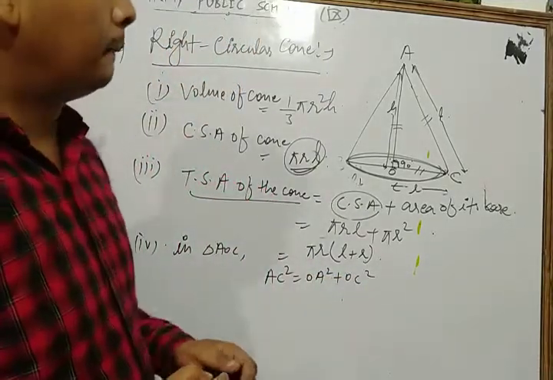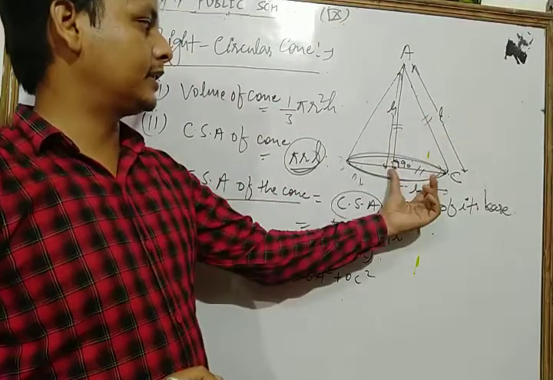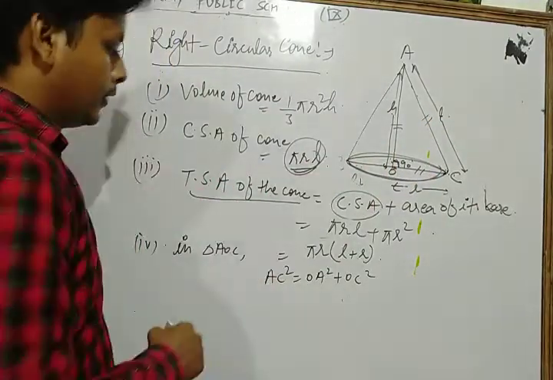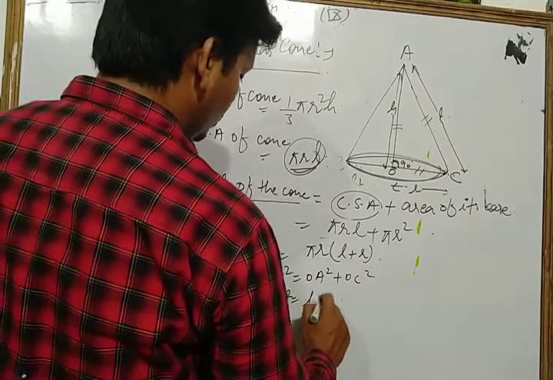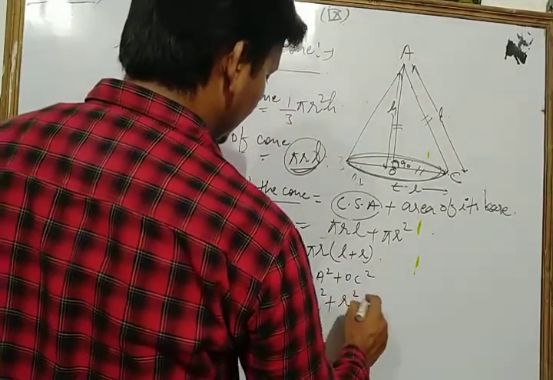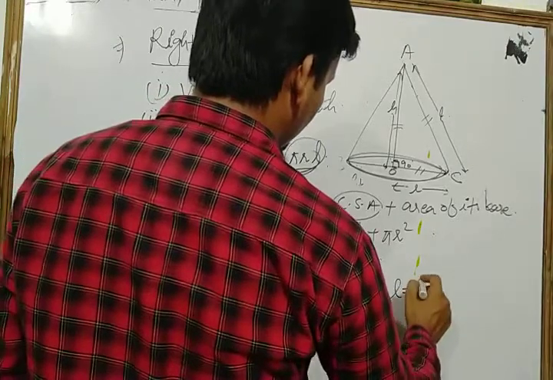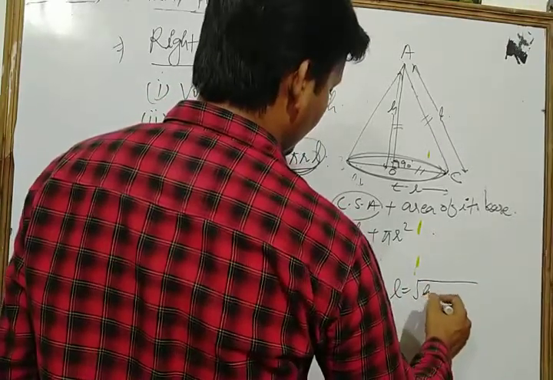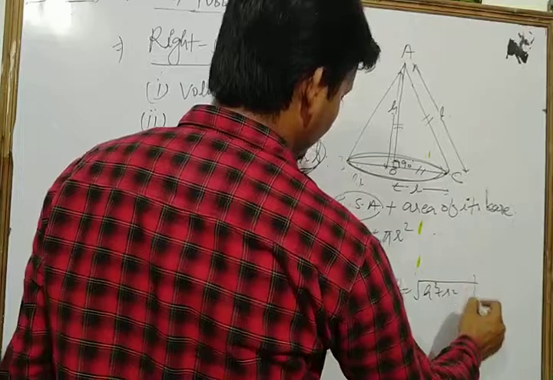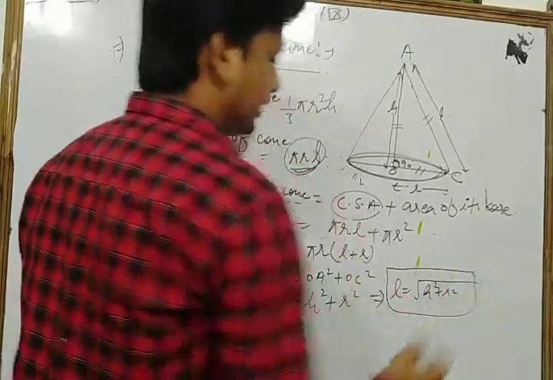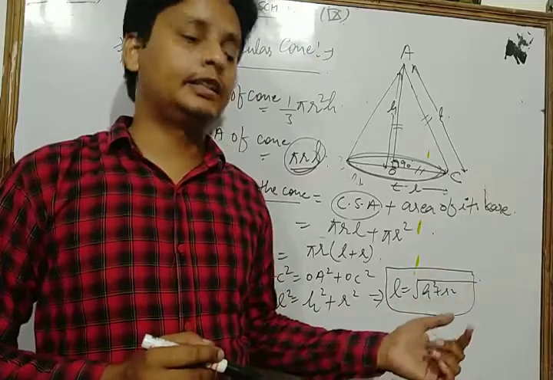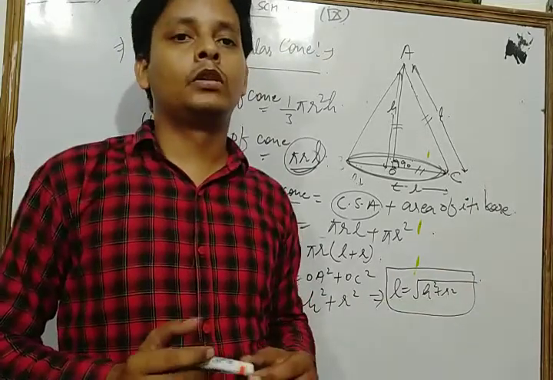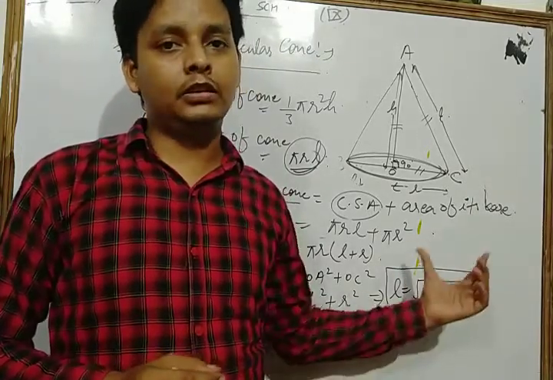The slant height is L. So L square is equal to H square plus R square, or we can write L is equal to square root of H square plus R square. This is the relation between height, slant height, and the radius of the base of the cone.